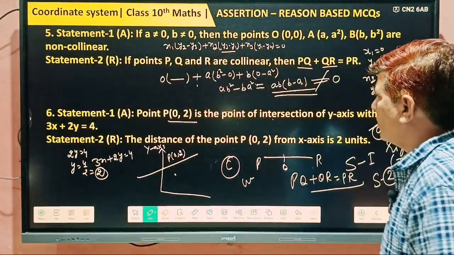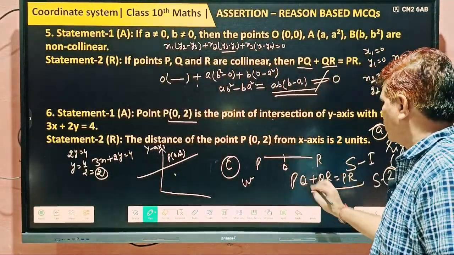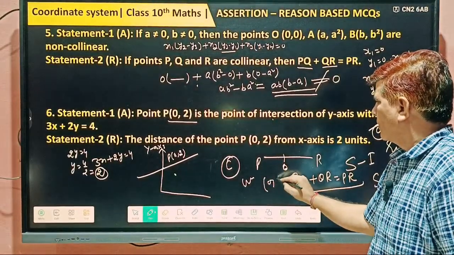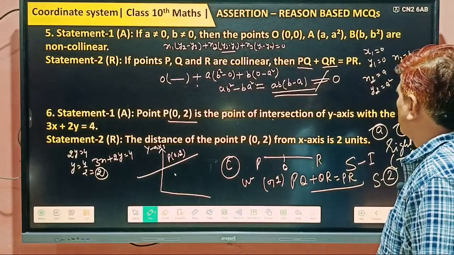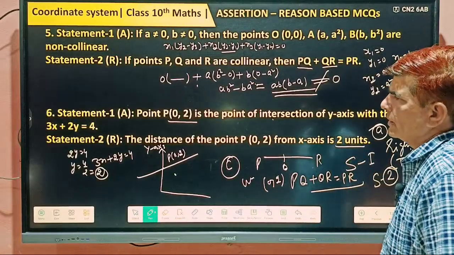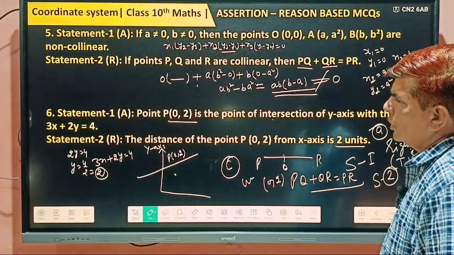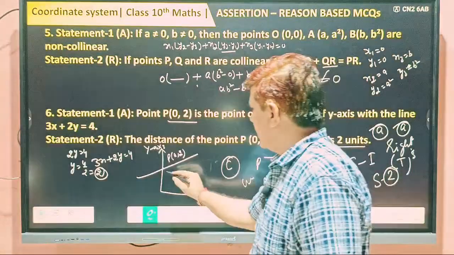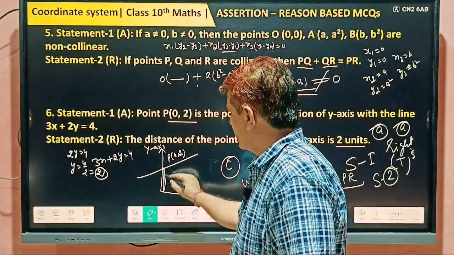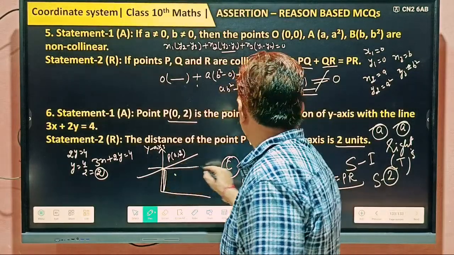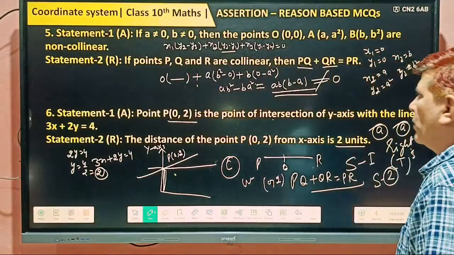The distance of the point (0, 2) is 2 units from the x-axis. How much is this? Definitely this is 2 units, and from where?